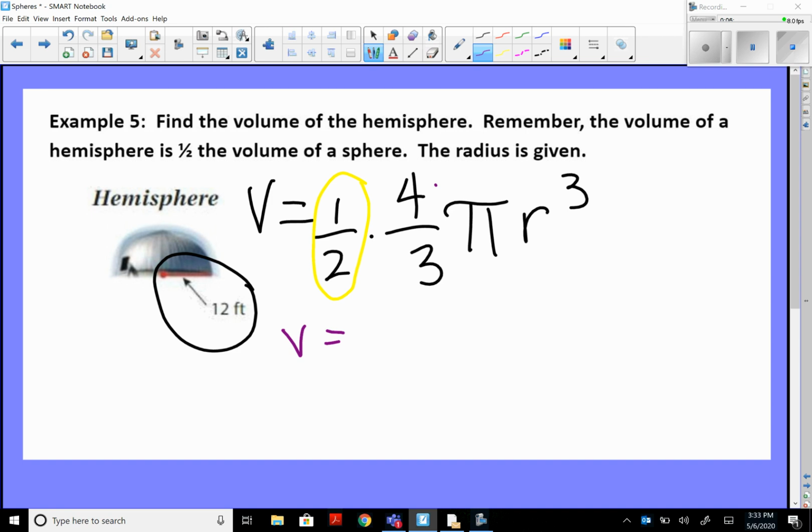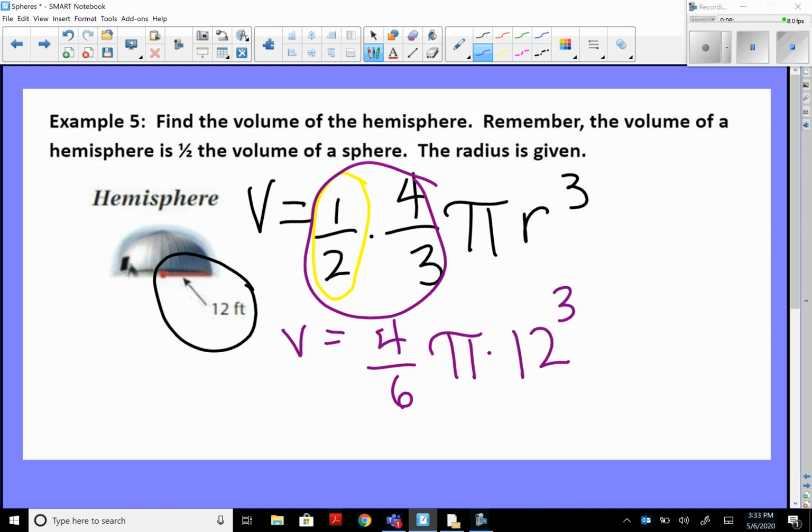By the way, I could, if I want to, go ahead and multiply 1/2 times 4/3. And 1/2 times 4/3 is 4/6. So I'm just going to go ahead and write that. 4/6 times pi times 12 to the third power.